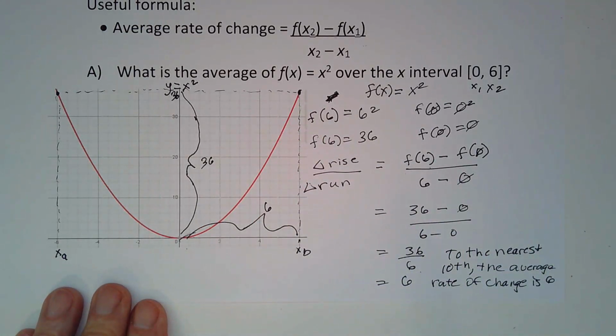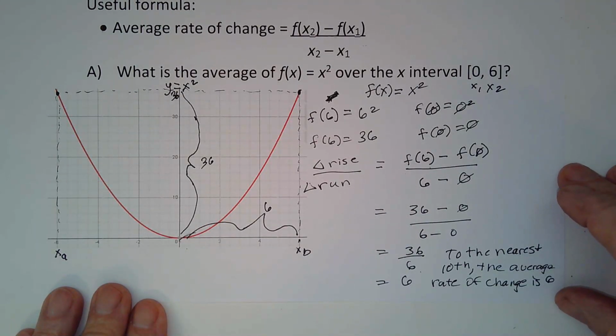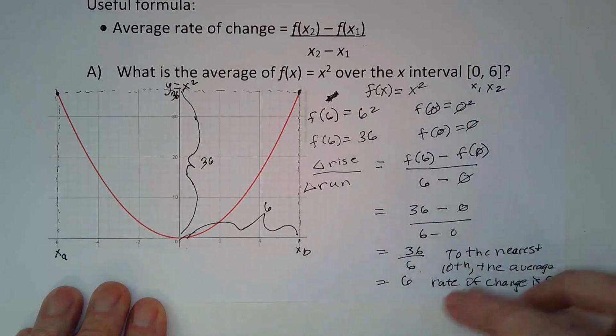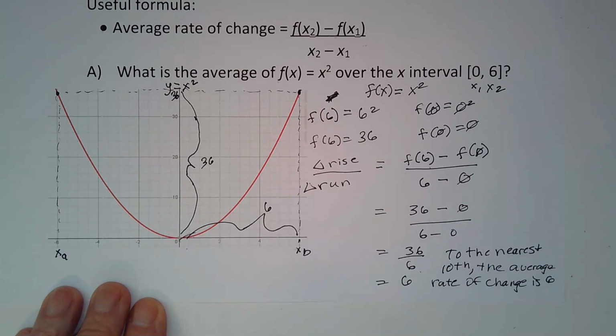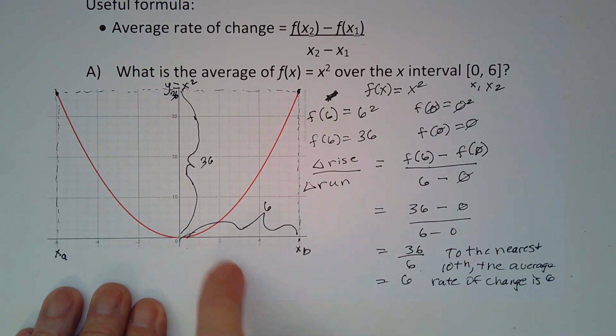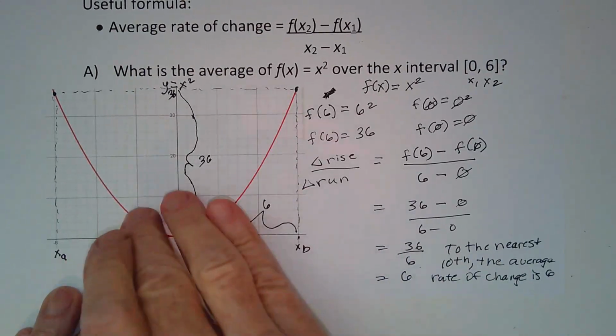And this is, of course, the beauty of parabolas and quadratic equations. All right? The important thing you want to remember is what we're looking for here is the average rate of change. And it is 6 no matter whether or not you're talking the positive or negative. But I wanted you to see the fact that this is going on here.